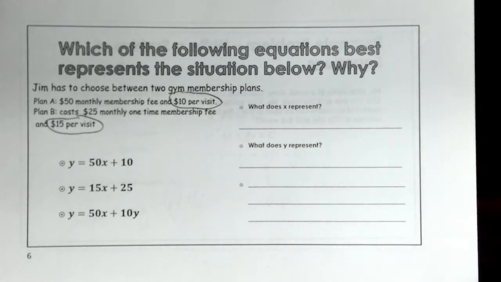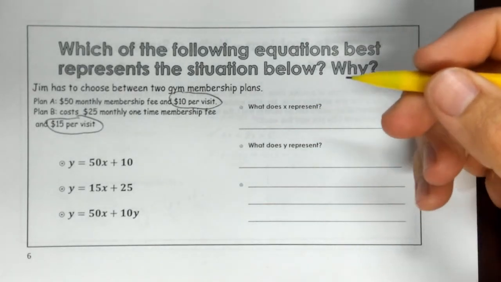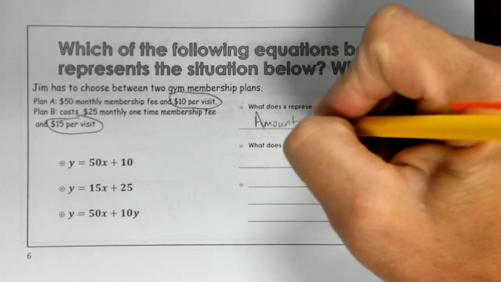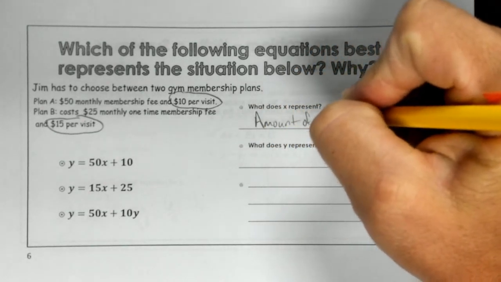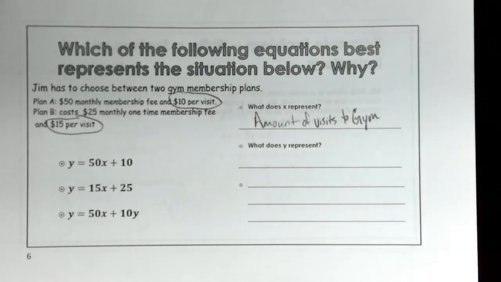So again, we're looking to denote our variables. What does X represent and what does Y represent? All right, so let's see. Noor, what does X represent? Yeah, how many times we go to the gym, right? So X represents the number of times we go to the gym.